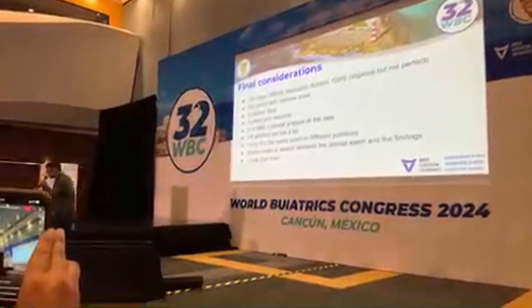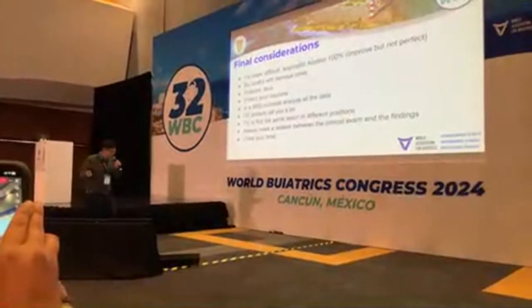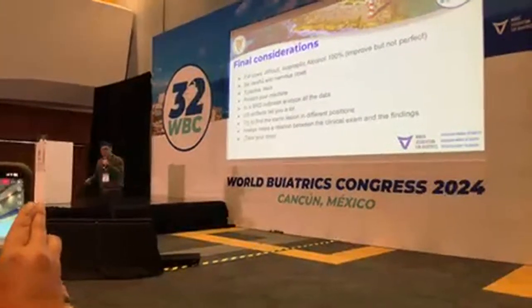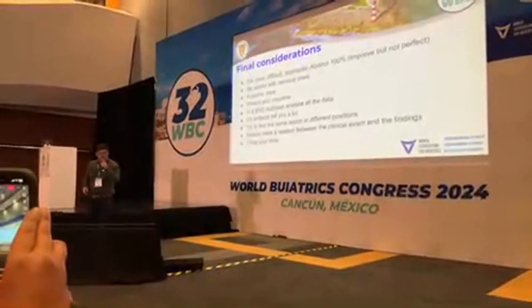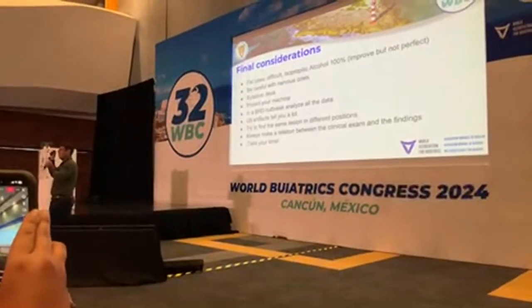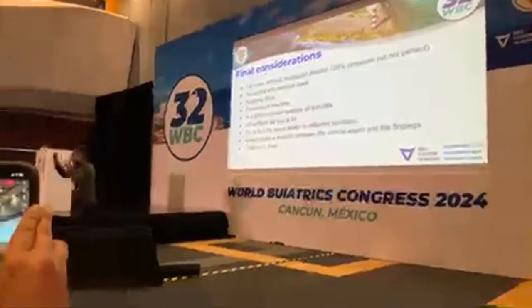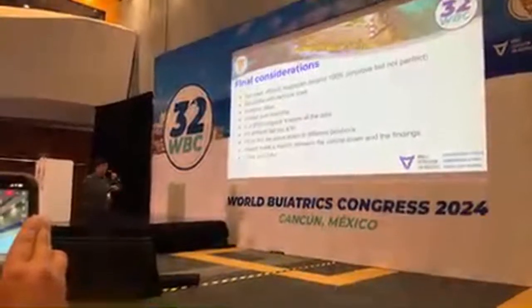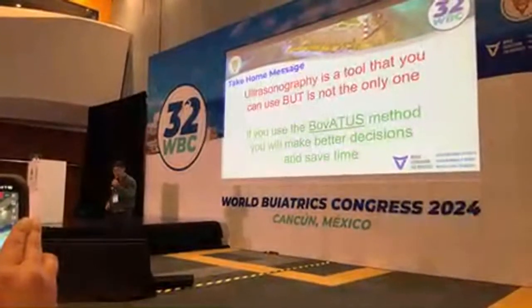Sometimes you find something that appears not normal, so just prove it, and if you find nothing, it may be real. Always make a relation between the clinical exam and the findings. This is very important because of the relationship between the findings and the cow, the clinical exam. And obviously take your time, especially when you are at the beginning.